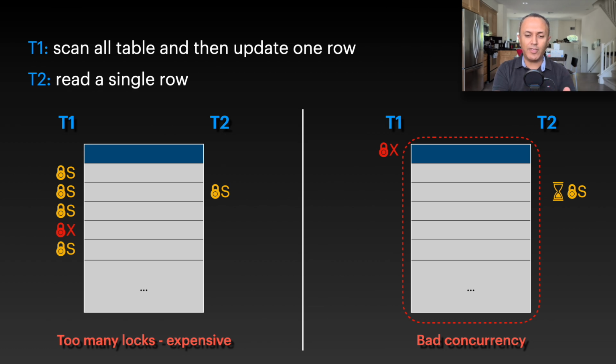We need something that will indicate, for T1, something similar to what we did in the second option, to lock the whole table for reading, and also to indicate that one of the rows needs to be updated. So basically, it's almost like we want an S lock for the whole table, but then we want an X lock for one row. Basically, we want locks that have multi-level semantics, right?